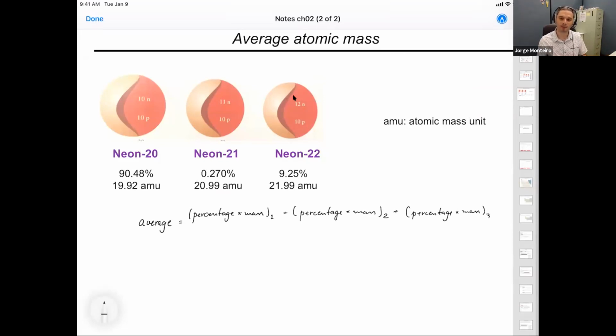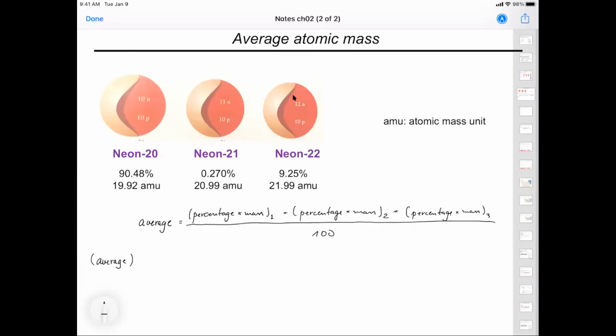If you had more isotopes, you keep adding up, and this whole thing is going to be divided by 100. Therefore, the average atomic mass for neon.